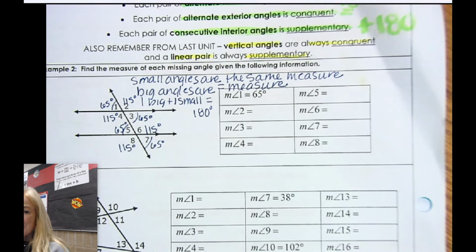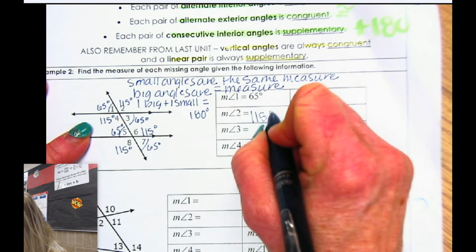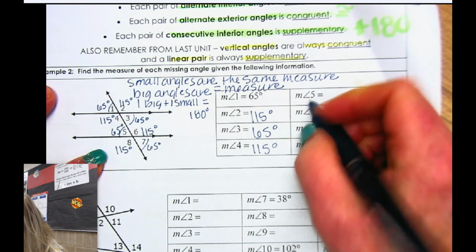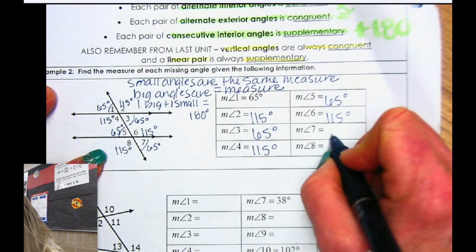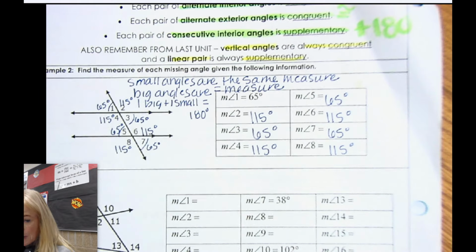Woohoo! So 2 will be 115 degrees, 3, 65 degrees, 4, 115 degrees, 5, 65 degrees, 6, 115 degrees, 7, 65 degrees, and 8, 115 degrees. So there we go. That's what happens when they're parallel.